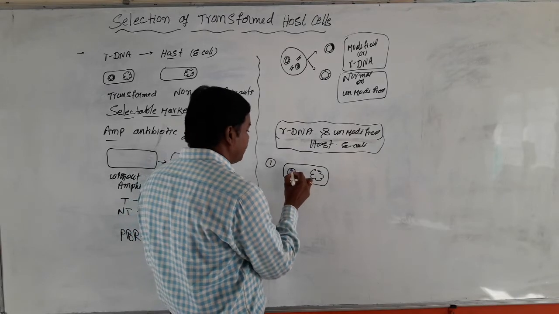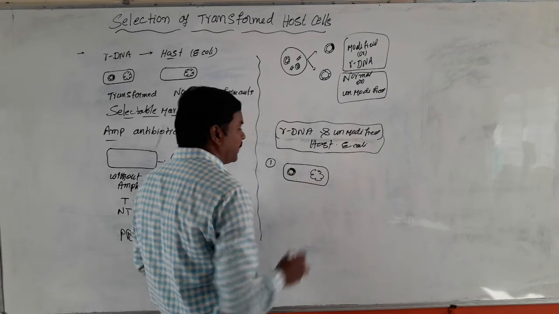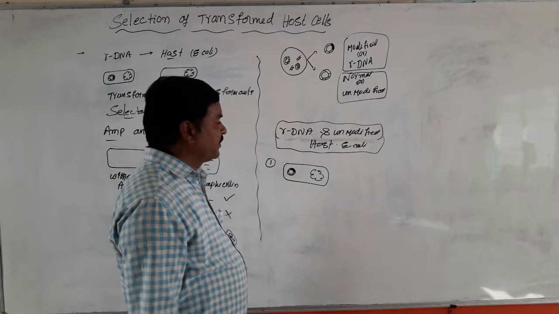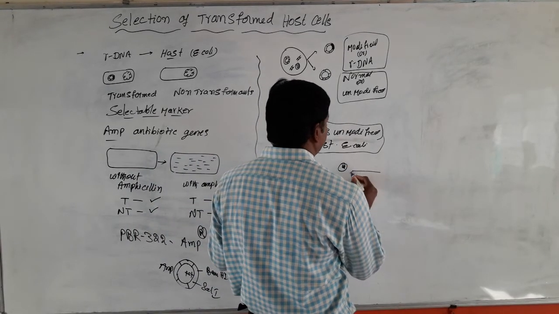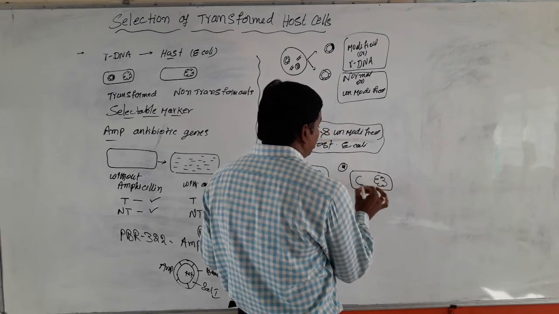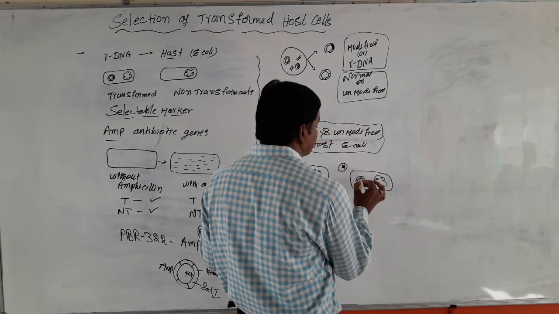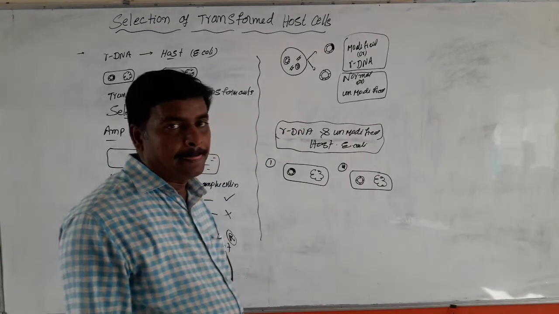That is recombinant DNA. At the same time, the second type of cells, for example this is another bacterium, takes up the normal plasmids into which desired genes are not inserted.